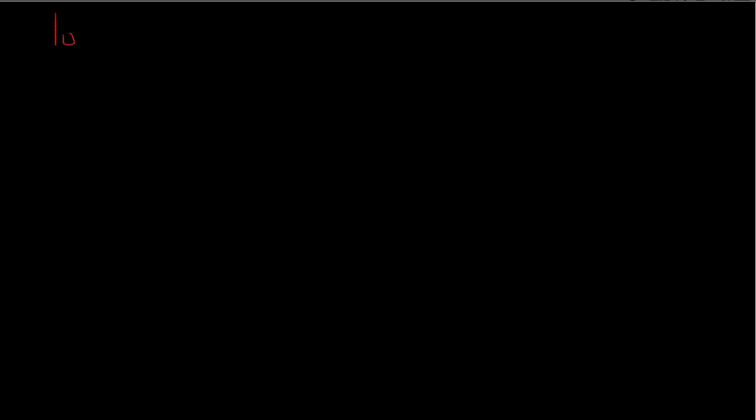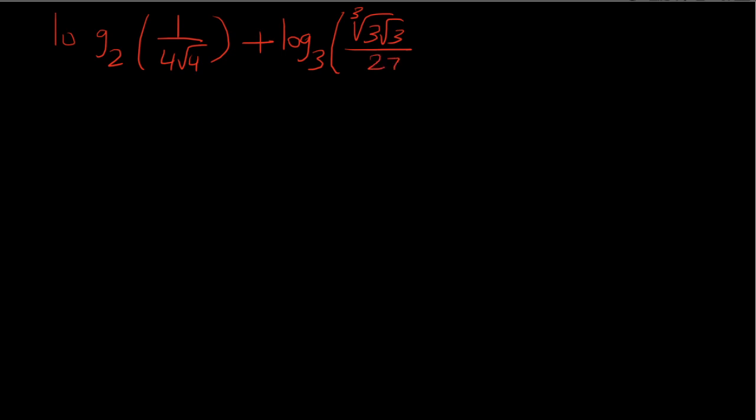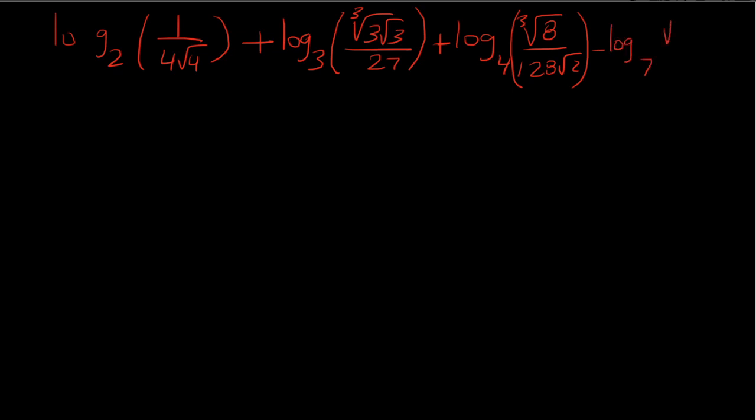So it's going to be log base 2 of 1 over 4 root 4 plus log base 3 of cube root of 3 times the square root of 3 over 27 plus log base 4, the cube root of 8 over 128 root 2 minus log base 7 of the square root of 7 over the cube root of 49.